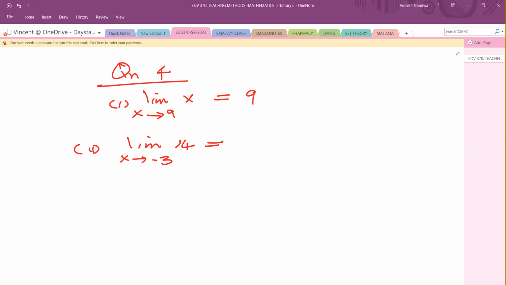14 is 14 too, just a number. Why are you getting 14 power negative 3?